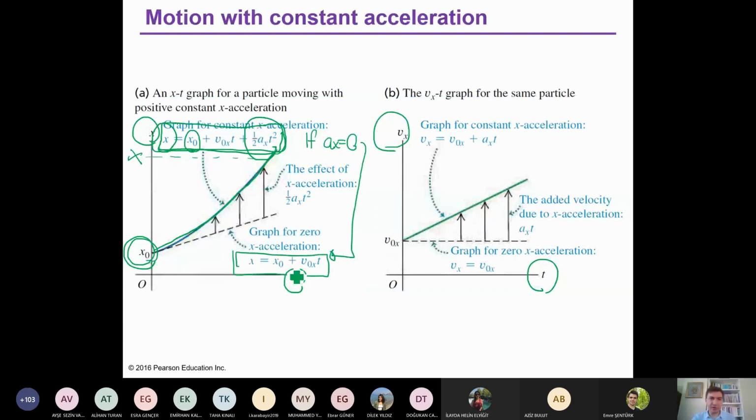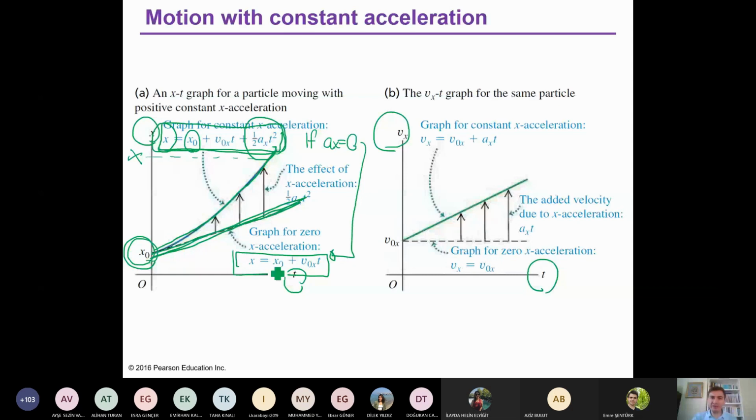So the curve will be like this then. This is the graph for this condition when ax is 0. So here there is no acceleration. So acceleration produces such behavior in the xt graph.